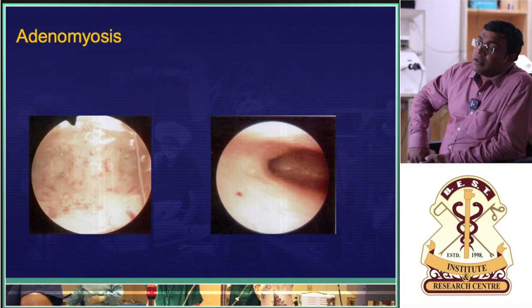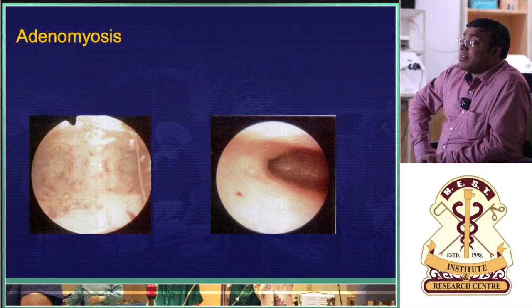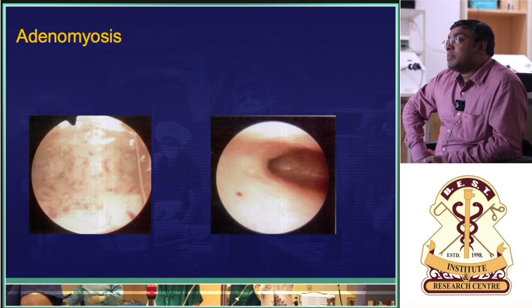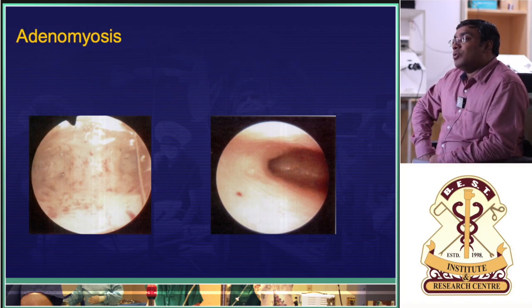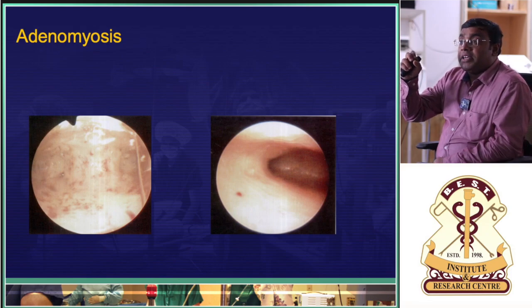Sir, how would you differentiate this and endometritis? Endometritis is different. In endometritis, the vascularity is high, and micropolyps are seen, whereas in this, micropolyps are not seen. You will have craters or clefts within the endometrial cavity.